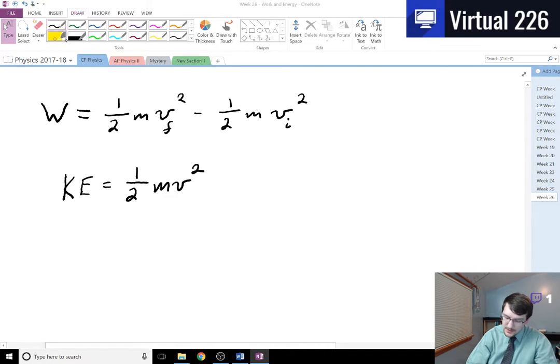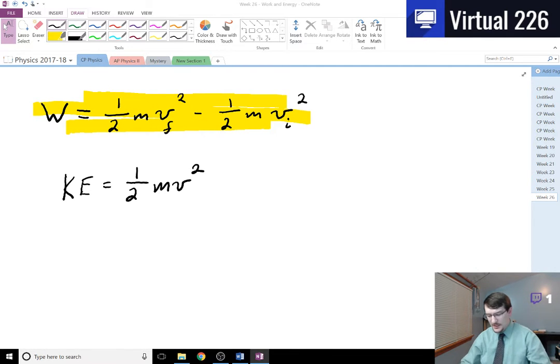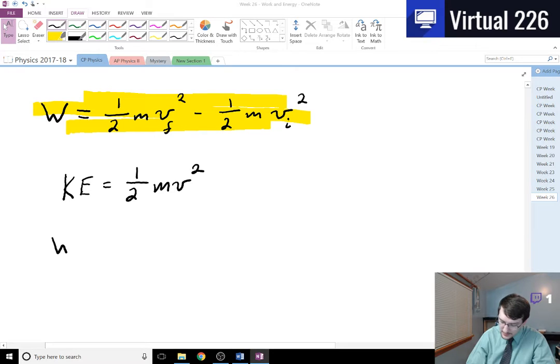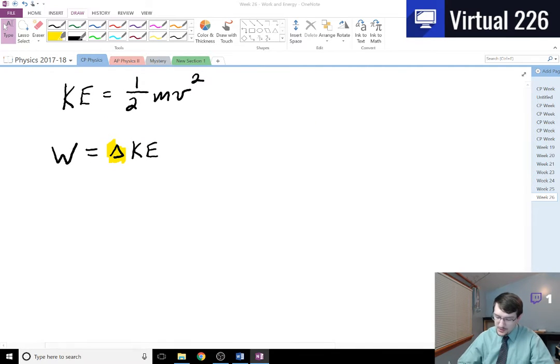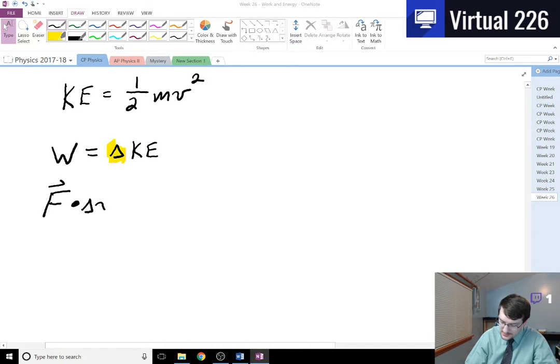And what we can see in this long equation is that some amount of work being done is equivalent to a change in kinetic energy. We have this idea of a change, a delta, because we have a final minus an initial. So we can say that if work is equal to F dot delta x, remember the dot product there, that's going to equal the change in kinetic energy.